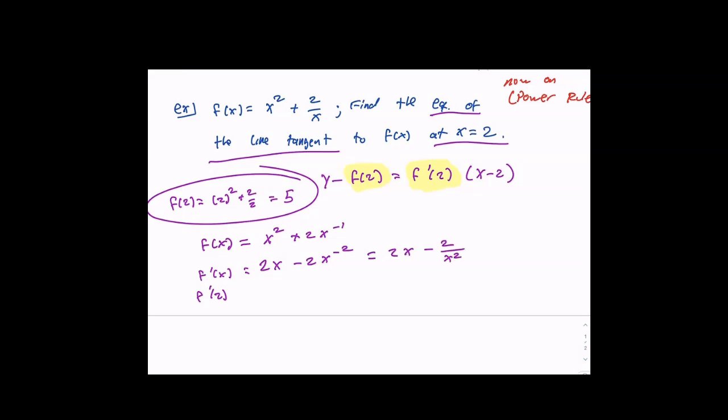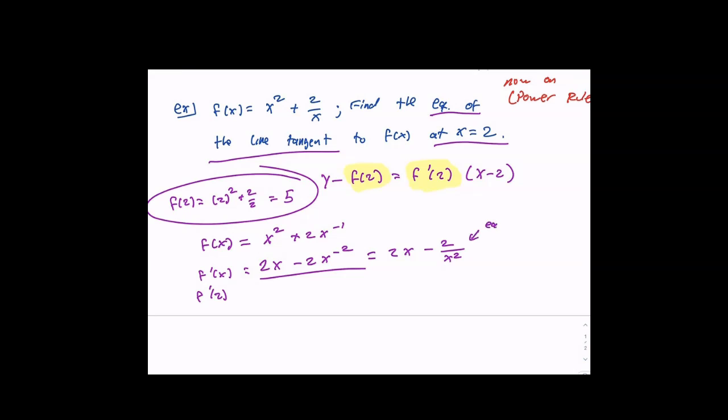Now, why did I rewrite it as 2x minus 2 over x squared? So you can put it as positive for the x squared? Yeah, and the reason I want to put it as positive is because I have to plug in. It's easier to evaluate.